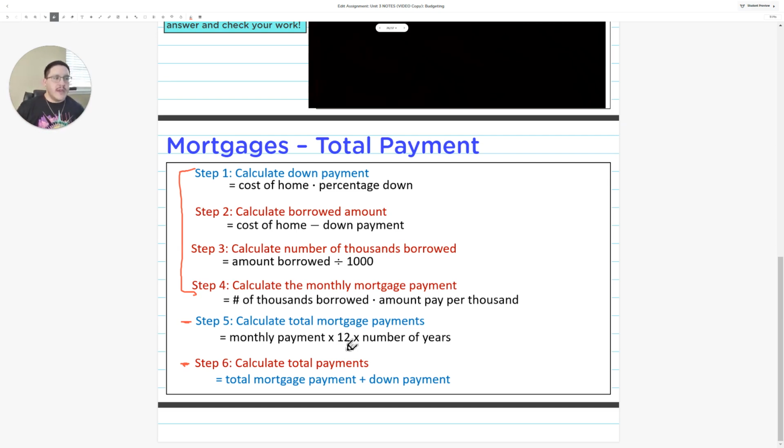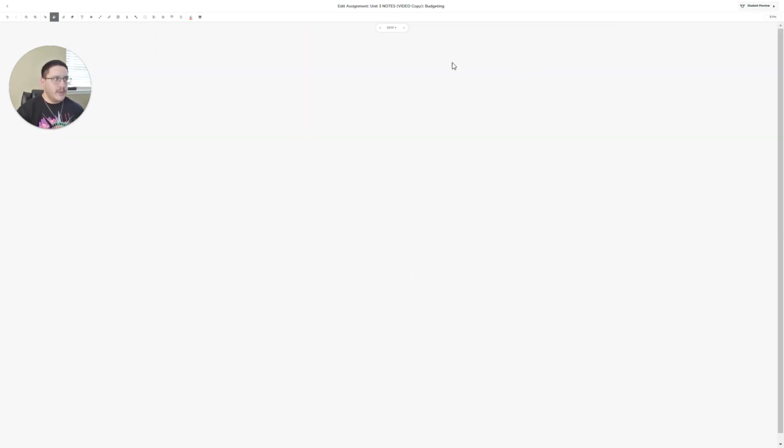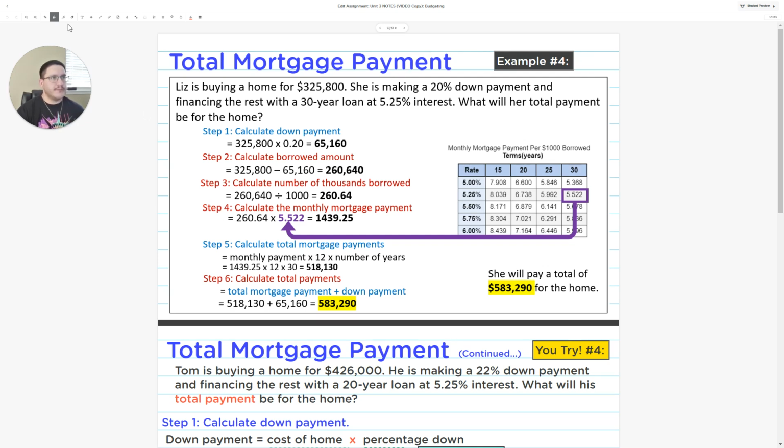Then to calculate the entire payment that you or the person has to make, we're going to take the total mortgage payment and then add the down payment so that you can see what your total expense will be for the mortgage. So let's look at the next example, example number 4.